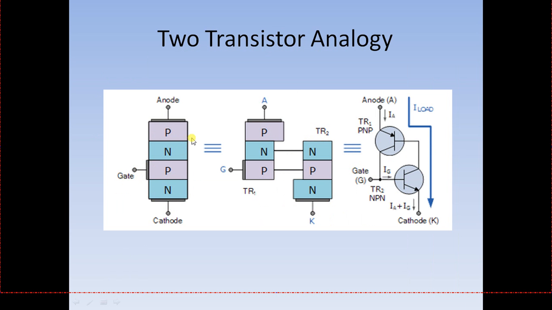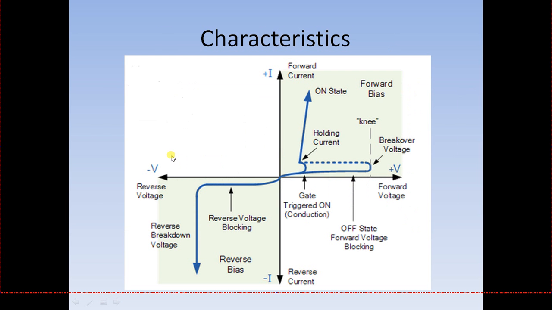So junction J1 is forward biased, junction J3 is forward biased, junction J2 is reverse biased. Because of this junction J2, there is no passage of current to the device. Okay, and this can be seen over here.